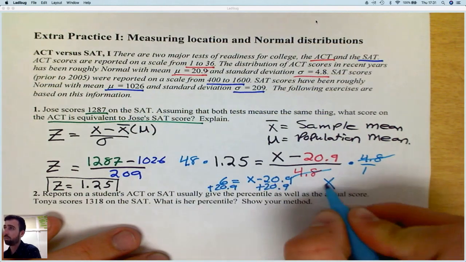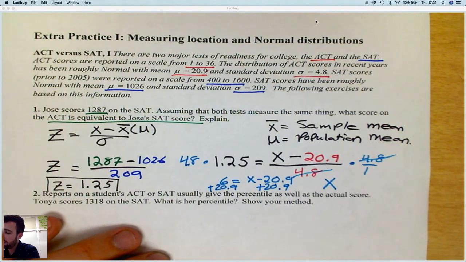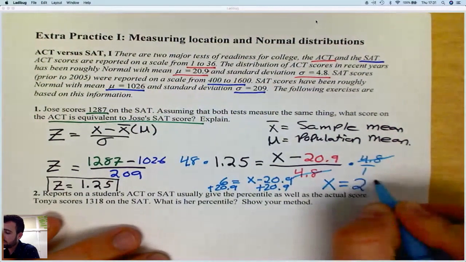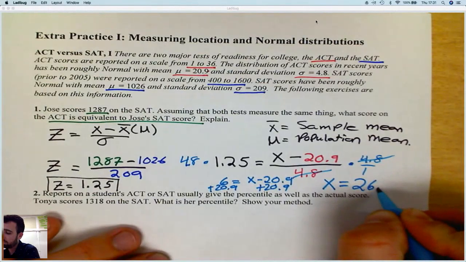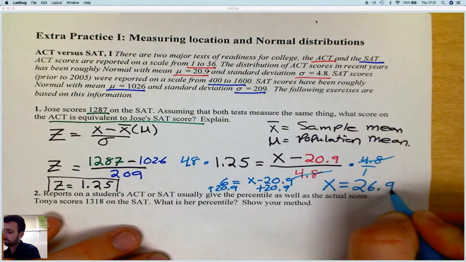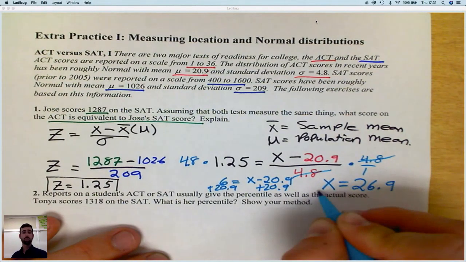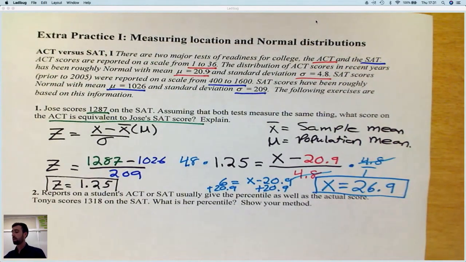And so I get the equivalent score on the ACT as 26.9. Now, whether you realize it or not, colleges are doing this because some students do the SAT and some students do the ACT. So colleges need a way to compare to see who's better on that exam.